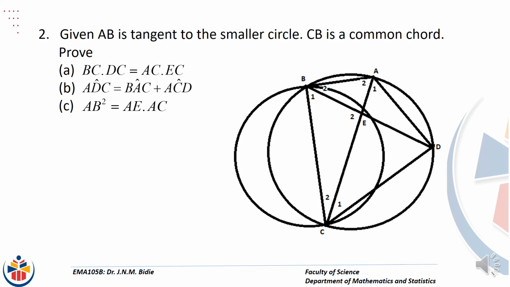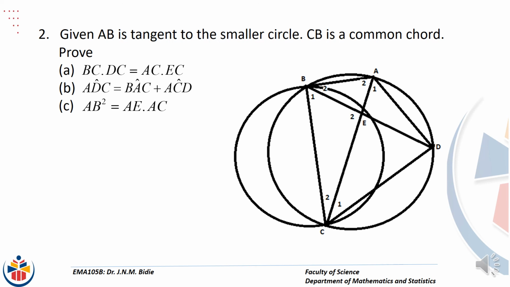So can you please work it out and choose well the triangles that you're going to work with, and also prove that angle ADC, that whole angle there, is equal to angle BAC plus ACD.